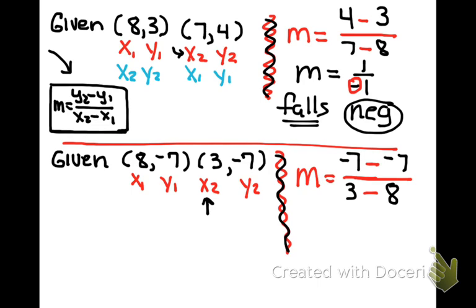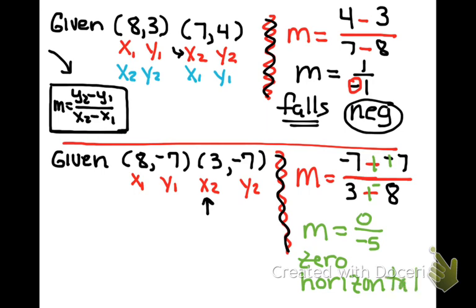And then if we add the opposite, now we have slope equals 0 over 3 plus a negative 8 is negative 5. And we know that when 0 is in the numerator, it's equal to 0. So this is 0 slope. So that means we should get a horizontal line. And let's prove that by graphing.